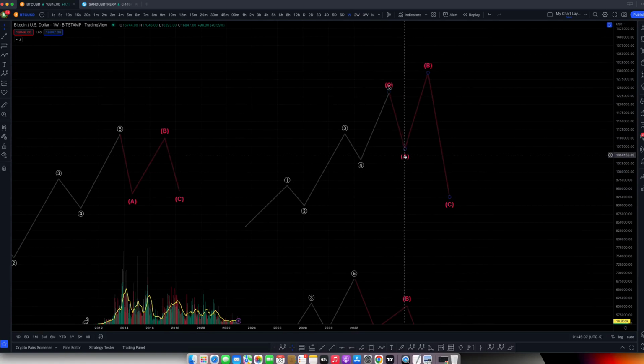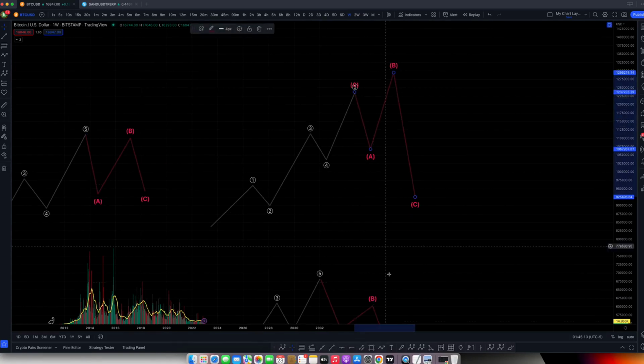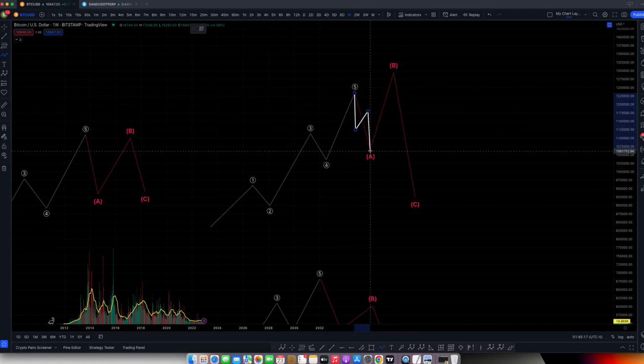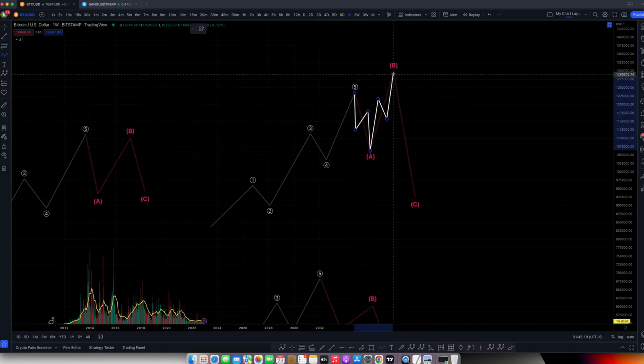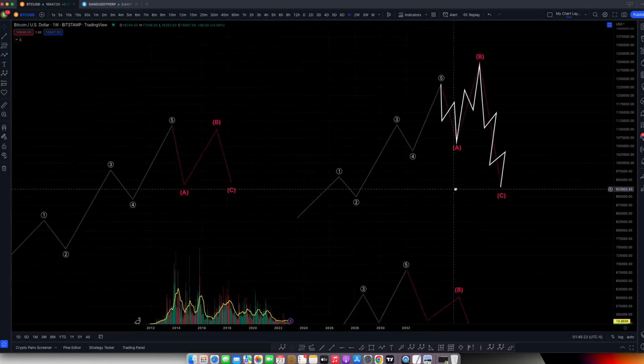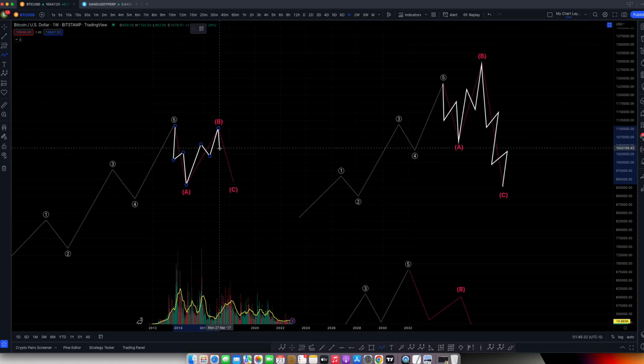So this is start of A, this is end of A. And how it will look, we will have 3 in A, 3 in B, and 5 in C, right? Similarly, this that we talked about earlier, 3 in A, 3 in B, and 5 in C.